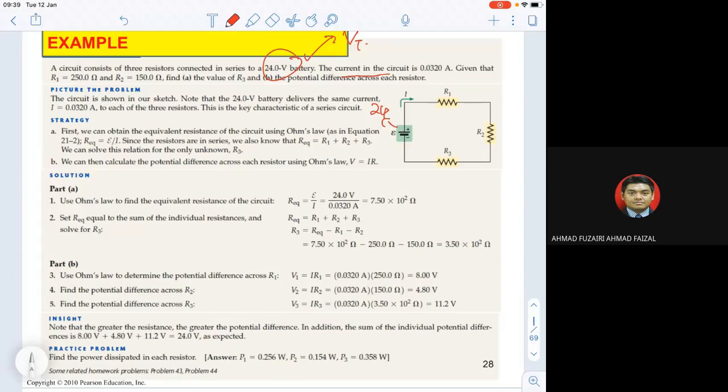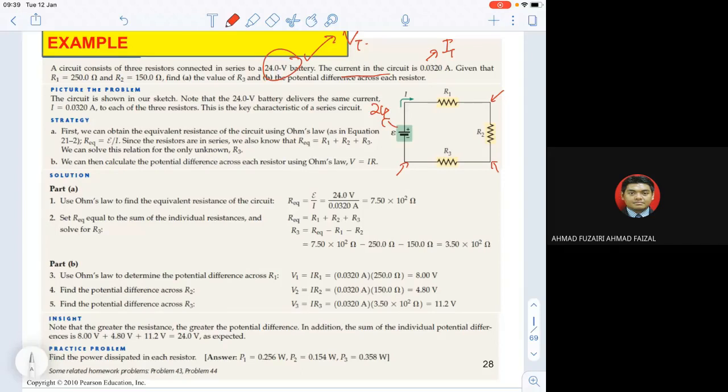Definitely no, because this one is not considered a junction. This one is a corner, just a corner of the circuit. It's not a junction. So you will see that there is only one single current inside the electric circuit.